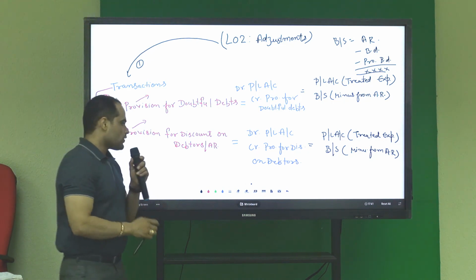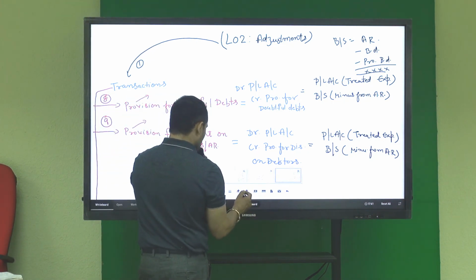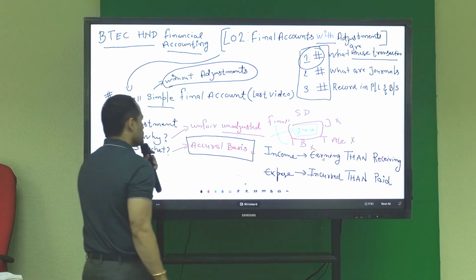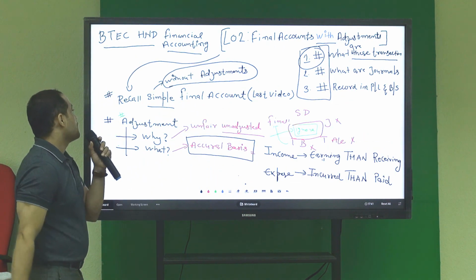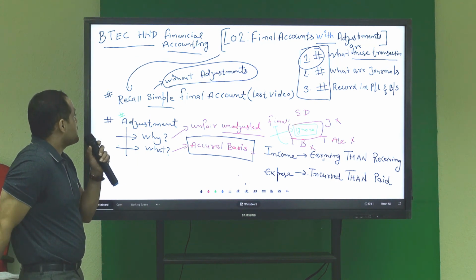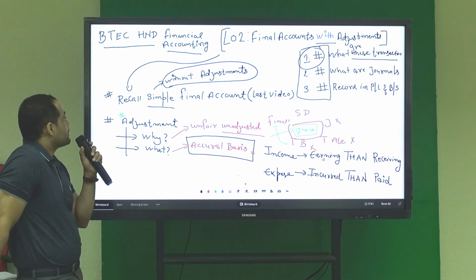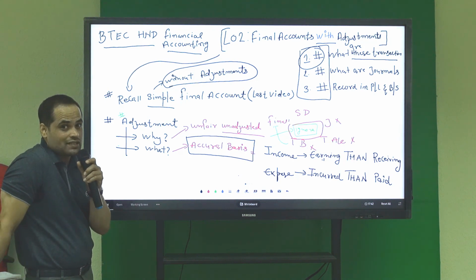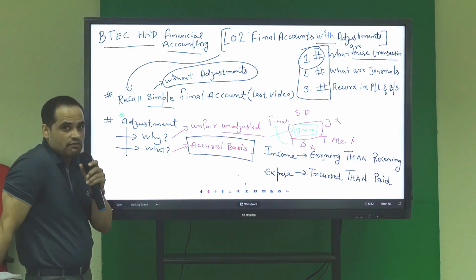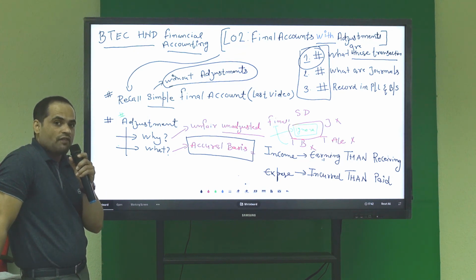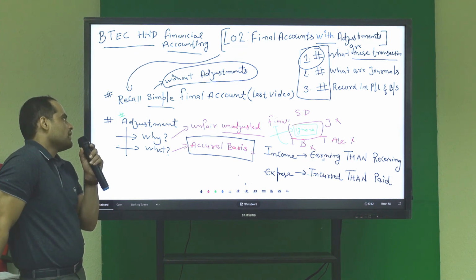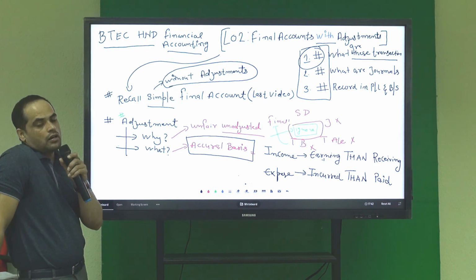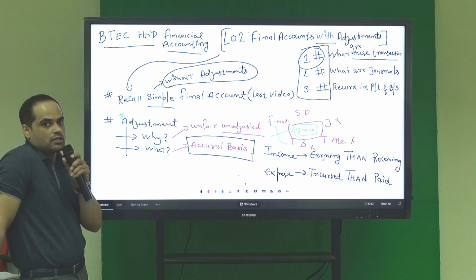So let's look back at what we studied today. We studied what adjustments mean, and the difference between simple final accounts and final accounts with adjustments. With adjustments, we have to make some changes or add some additional information in order to complete your final accounts. Why do we do that? Because if we do not adjust our transactions, the information may be incomplete or unfair for the users.